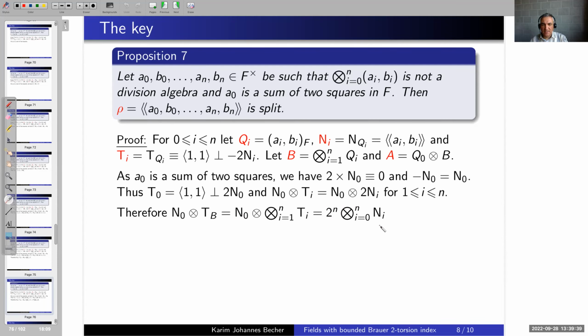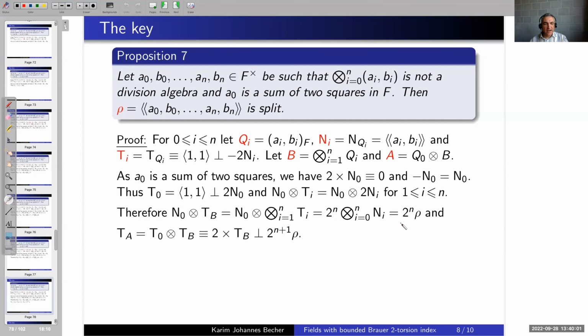So in total, this here is almost our form rho. This is the form rho scaled by 2^n. Up to a scalar factor, which, up to a square, is either 1 or 2. Yeah, so it's really a tiny detail.